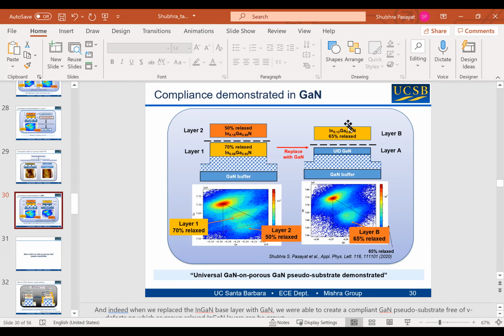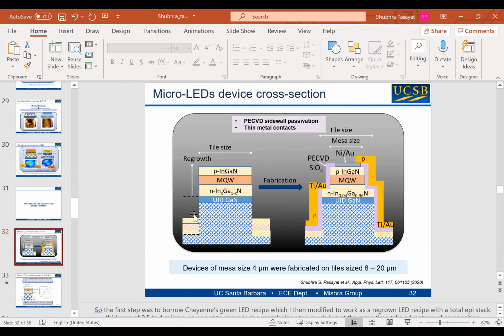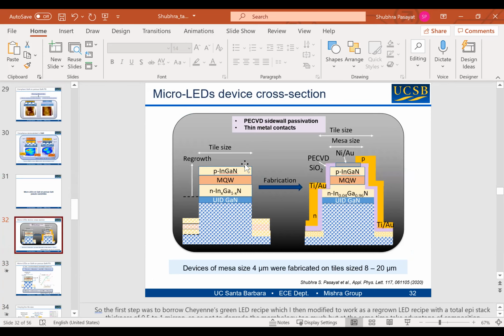We are trying to just create a pseudo substrate. So this is kind of a super substrate, and then we are creating a pseudo substrate by growing it. When we are actually growing our LED structure, the N layer is actually our pseudo substrate. So we are growing our pseudo substrate as we are growing our LED structure. Interesting. And the reason the GaN works is because it's thin. When it's thin, it is more stretchable.